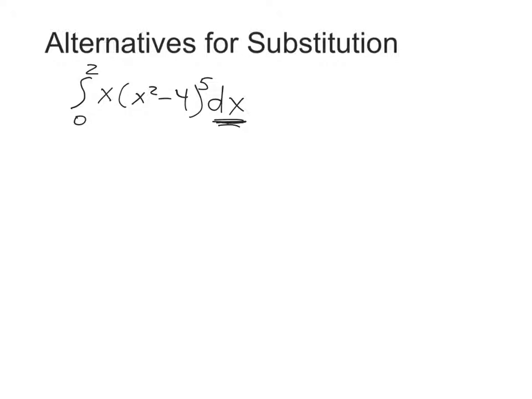Now, ultimately, this dx is saying our integral limits are going from x equals 0 to x equals 2. We don't have to put the x equals on there. Because of this notation, we know it is dealing with x.